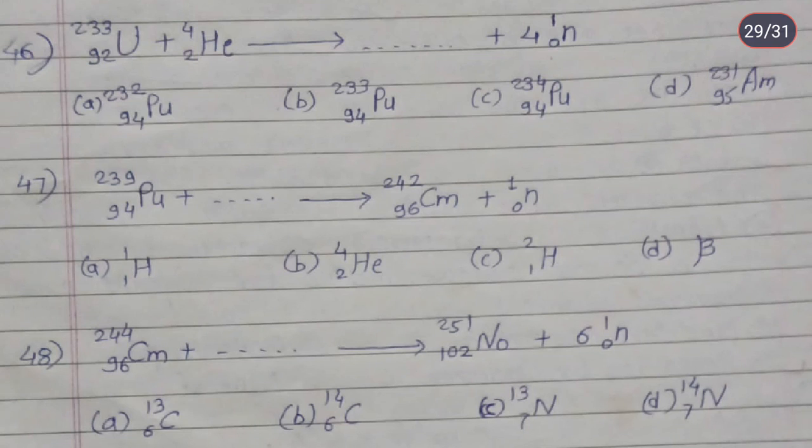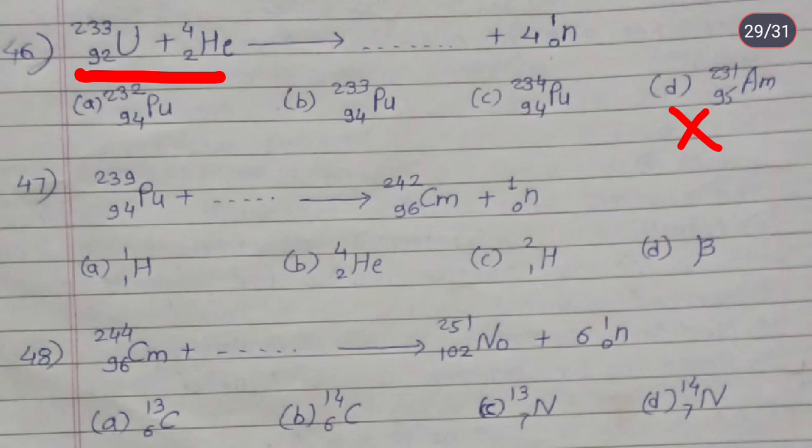Here 92 plus 2, that is 94. So in three options 94 atomic number is present. Only D does not contain 94, therefore D is eliminated.